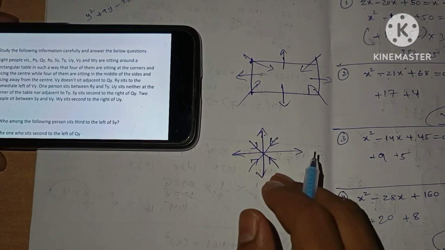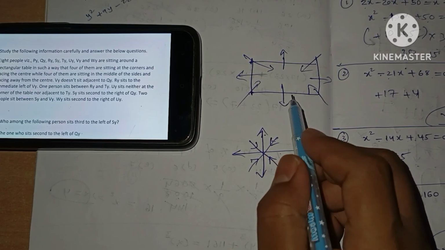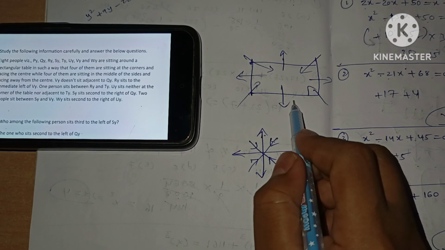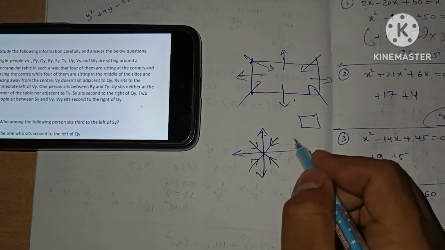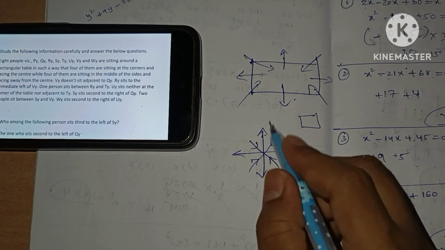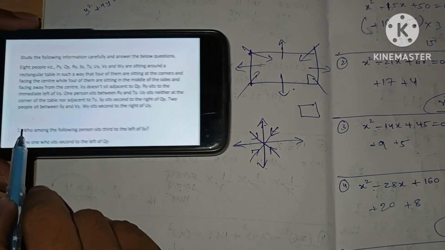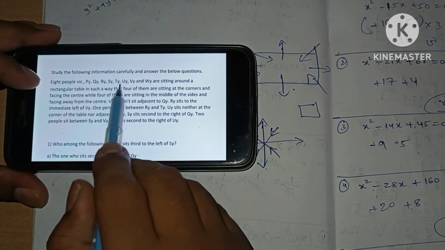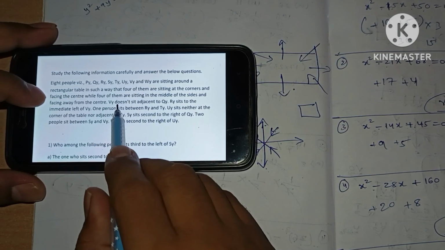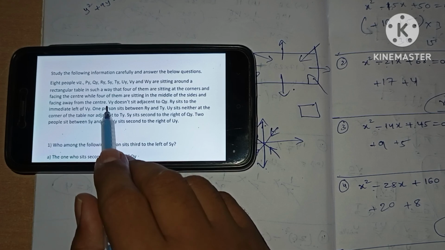For 8 people sitting in a circular, rectangular, or square arrangement, I always like to start the puzzle like this. Okay, let's note the rough statements. 8 people. Okay, that's all. Let's start the statements.